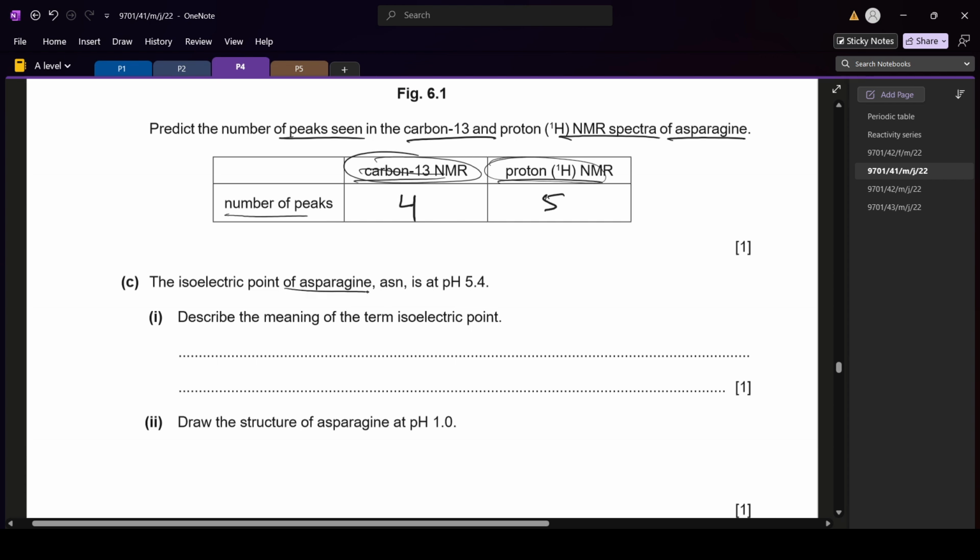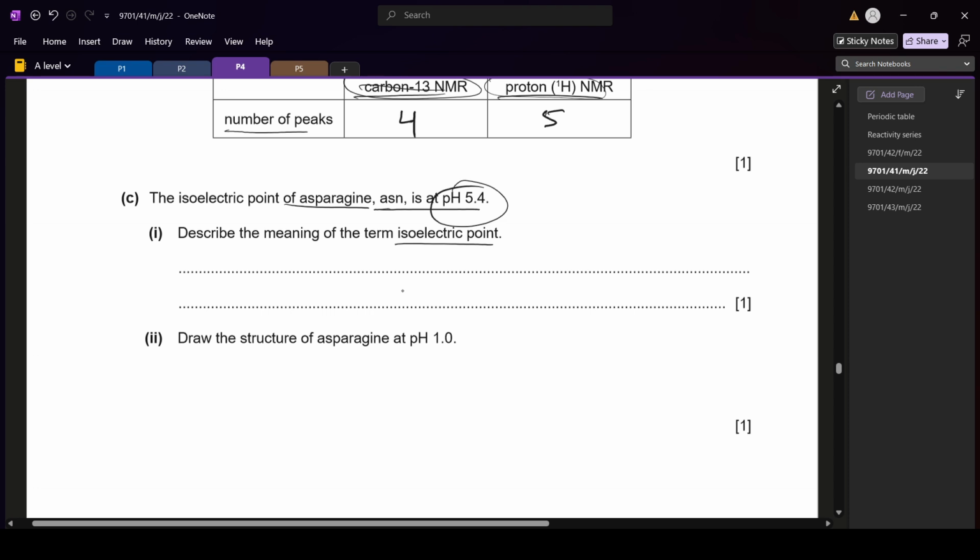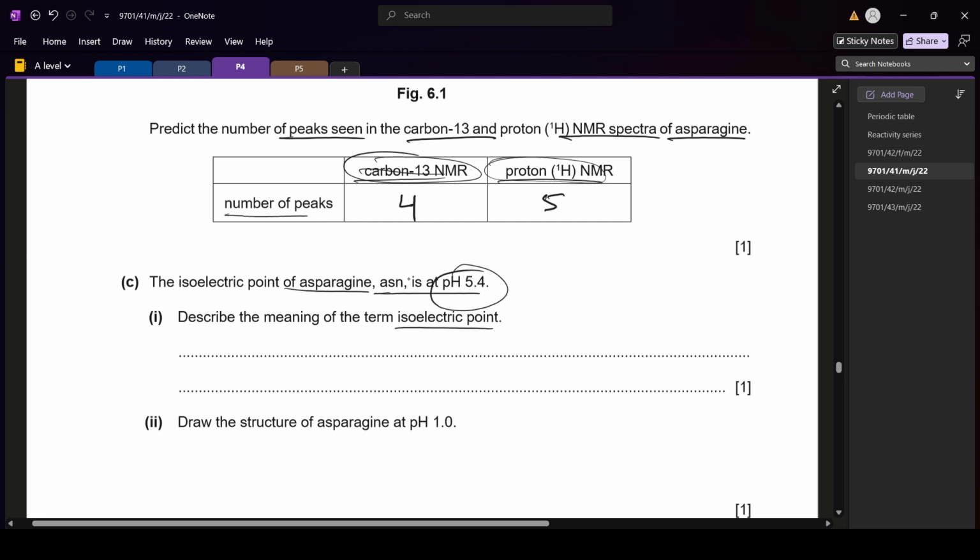Part C. The isoelectric point of asparagine, ASN, is at pH 5.4. Okay, describe what is meant by isoelectric. So this is the pH at which an amino acid exists as a zwitterion, or an amino acid has no overall charge, because in an amino acid you have a carboxylic group and an amine group. This amino acid usually occurs as a zwitterion.